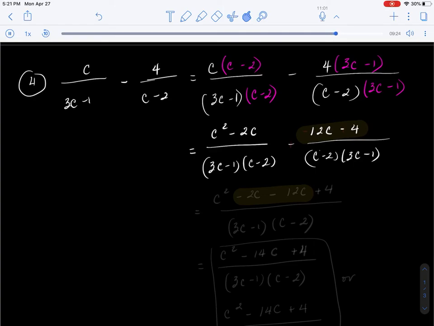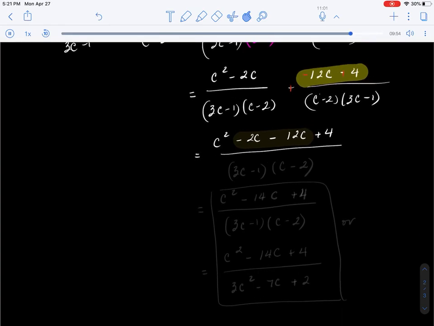If I change the sign here, I change it there and over there, meaning that minus applies to the whole thing, not just the 12c. So I'm going to have c squared minus 2c minus 12c plus 4 over 3c minus 1 times c minus 2.